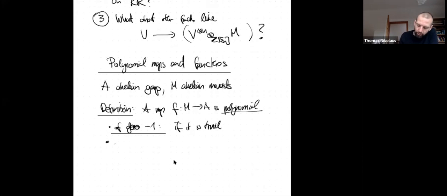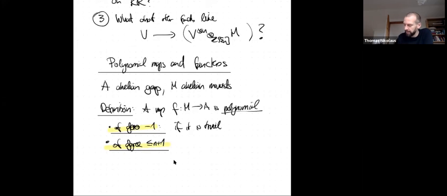And then it is polynomial of degree less than or equal to n plus 1. Maybe I can make it yellow. It looks a little better. Okay, so that's the definition.